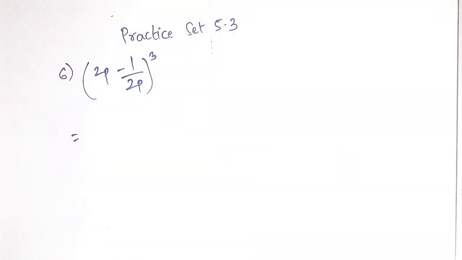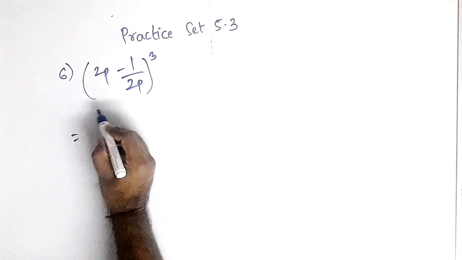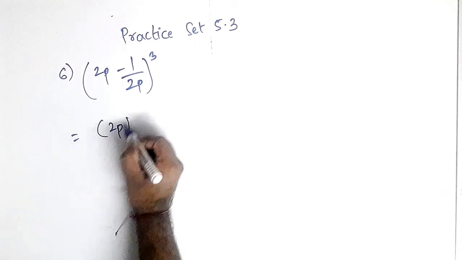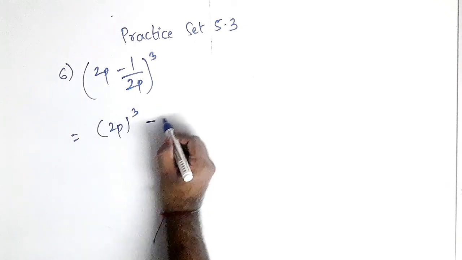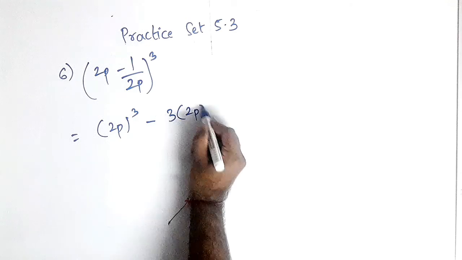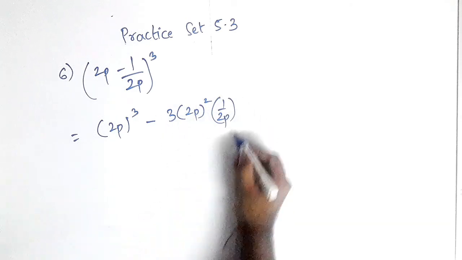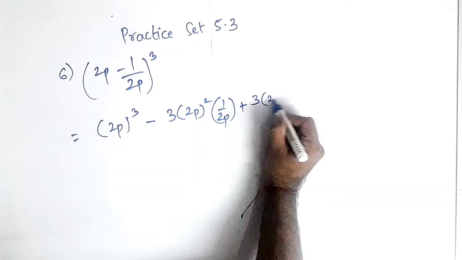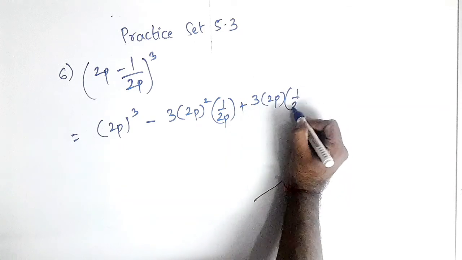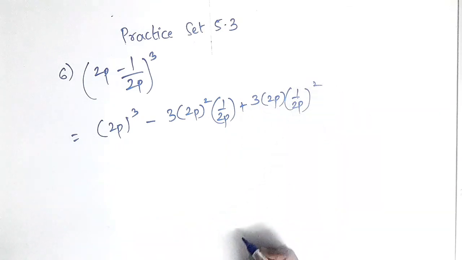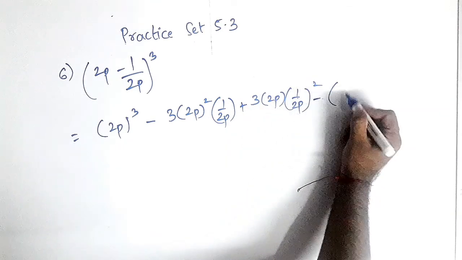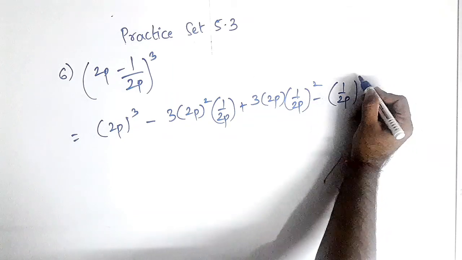2p minus 1 by 2p the whole cube. Okay, so here you can see this is a. I'm writing a cube minus 3a square b, okay, plus 3ab square, correct, minus b cube.